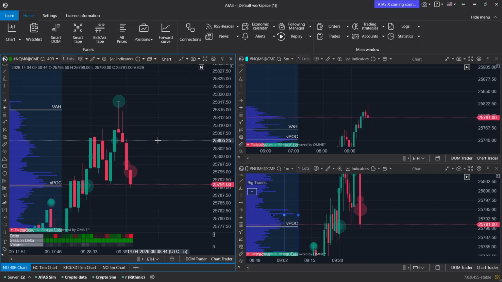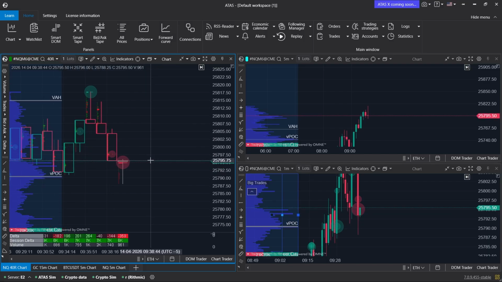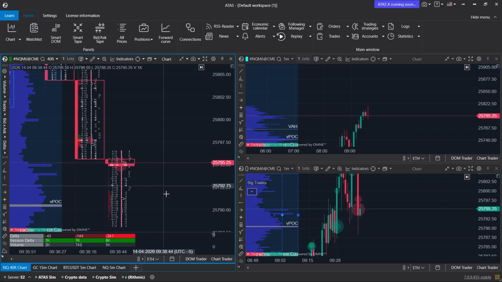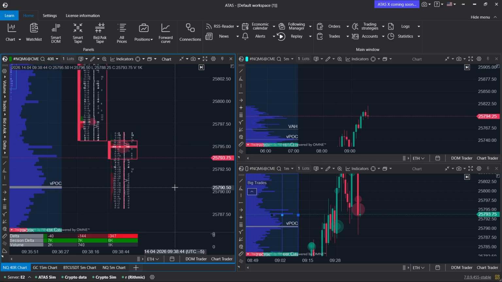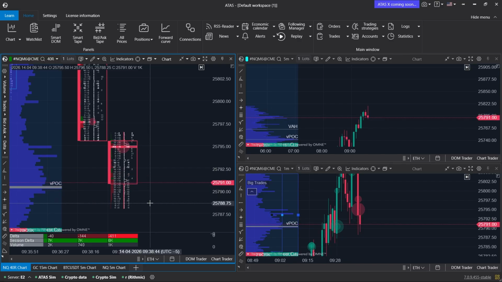I think I'll just take a screenshot right now. I'm break even on this position. But still, it's looking good for me. I don't think it should hit the break even point even.